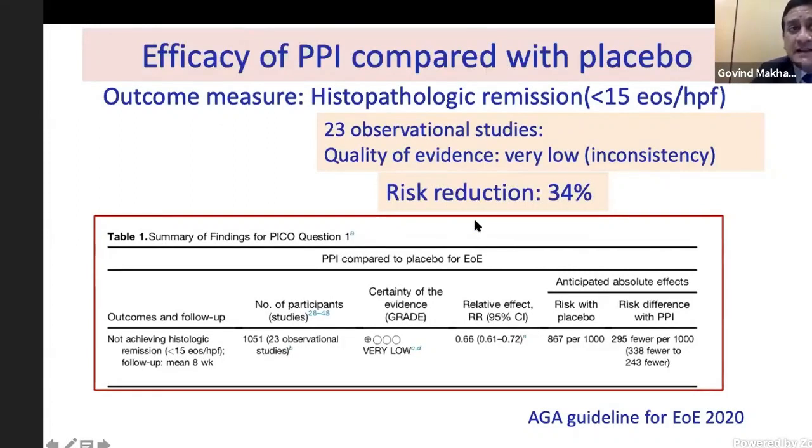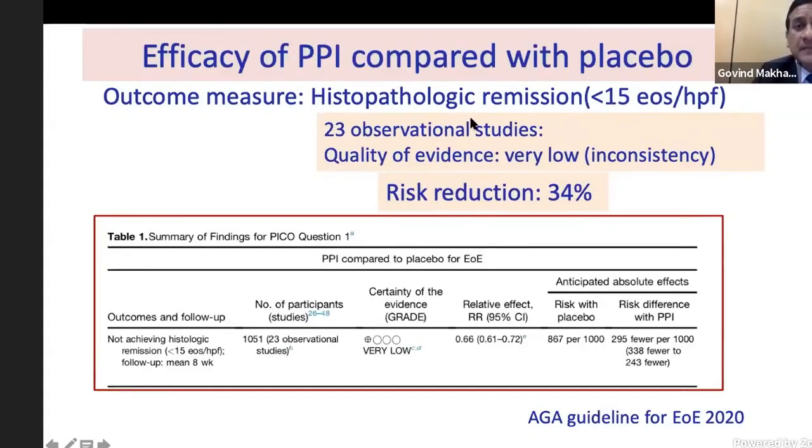I'm going to talk about this paper for all the treatment responses. This is a summary of the evidence for the various drugs which we use in this disease, taken from this paper, which is a guideline by a group of experts.